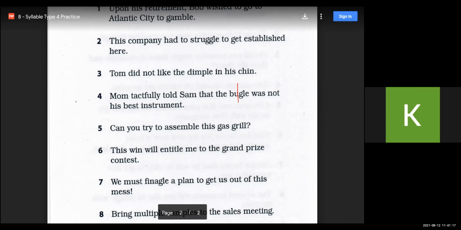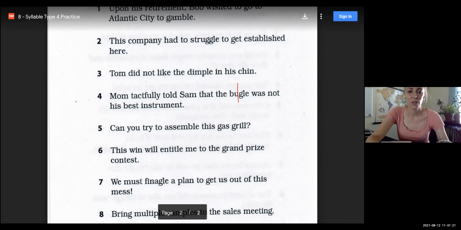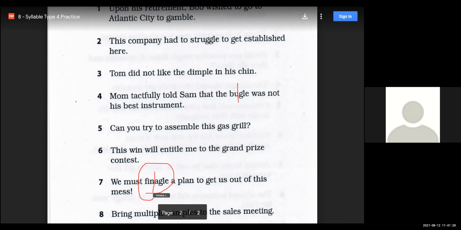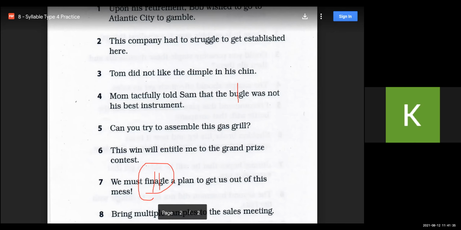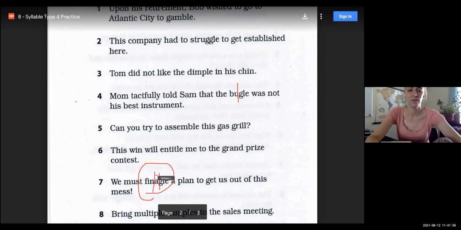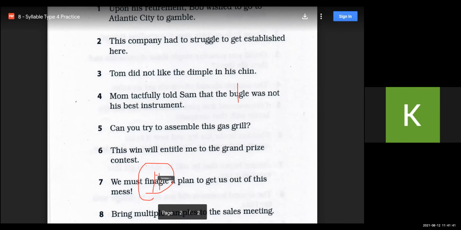Great. Okay, bugle. And then I know in number 7, this word here, finagle, is such a weird word. What does it mean? It means like to negotiate. Finagle. It has the long A sound. What is the meaning of finagle?